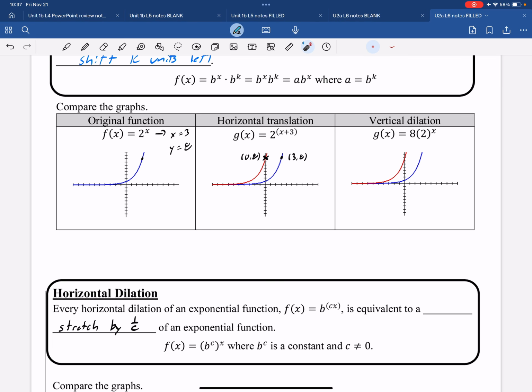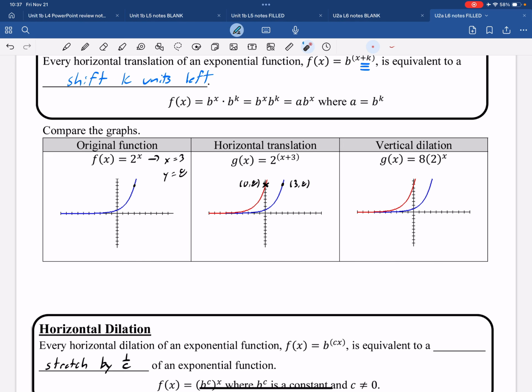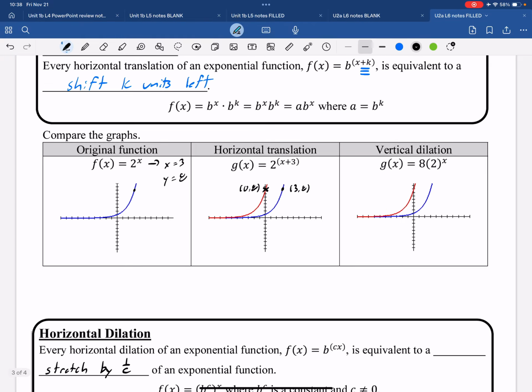For a vertical dilation, that's going to be if we have some number out in front, multiplying the original function. So in this case, this 8 is a vertical stretch by a factor of 8.